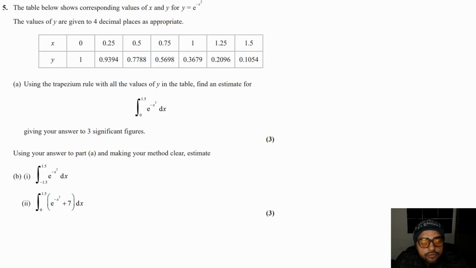So now let's move to the fifth question, students. They have given us a particular equation here, and we need to find the trapezium value.